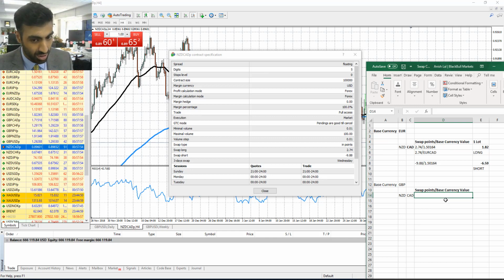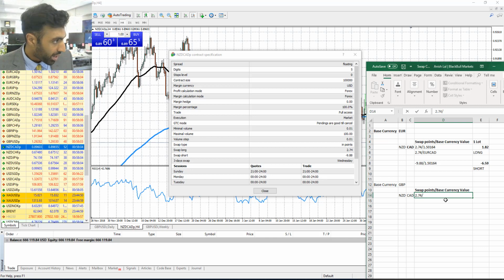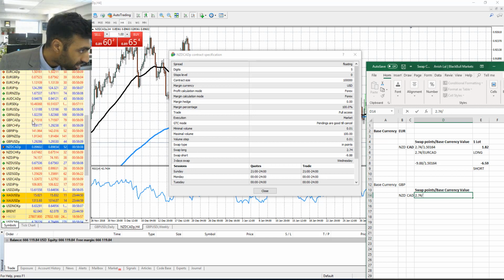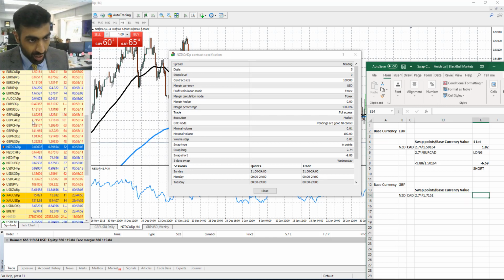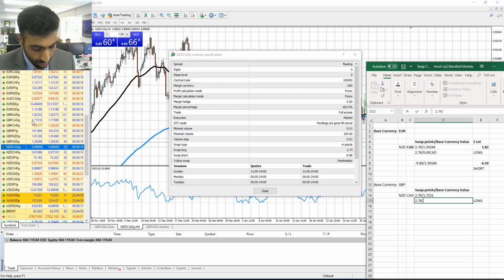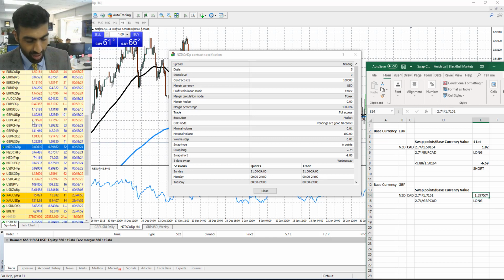So let's do it again: 2.74, one lot long, divided by pound CAD, 1.7151. That equals 2.74 divided by 1.7151, and that is what you're going to be paid for holding one lot long of Kiwi CAD overnight.